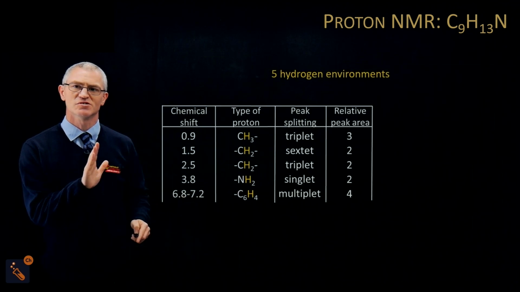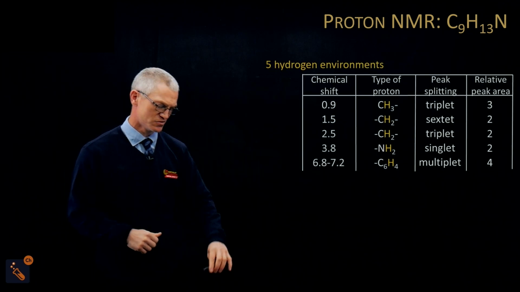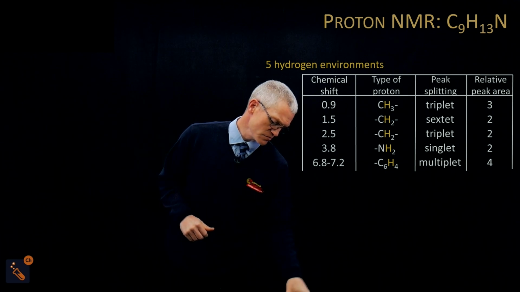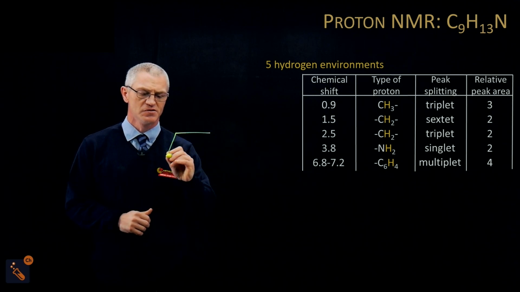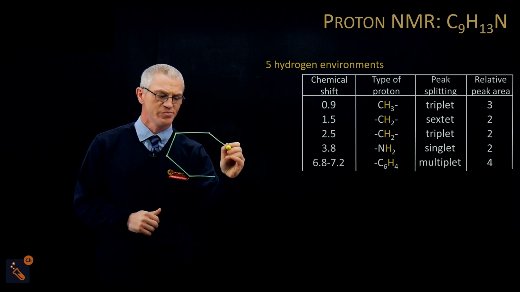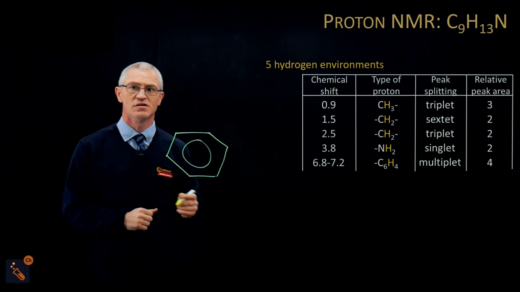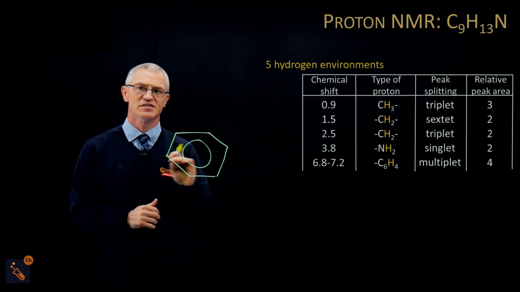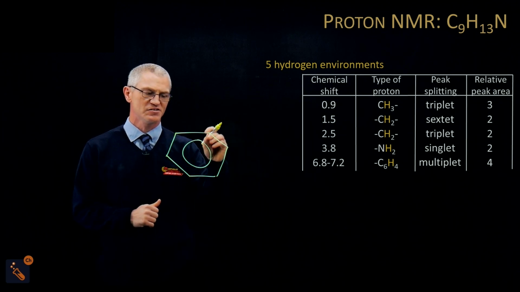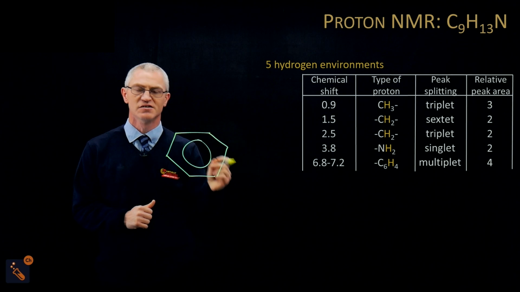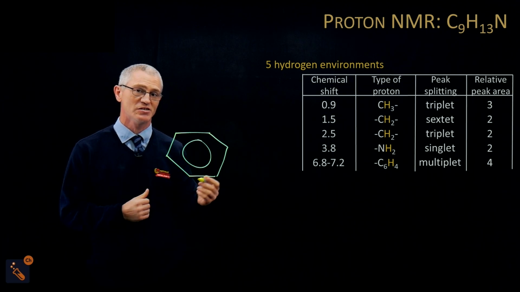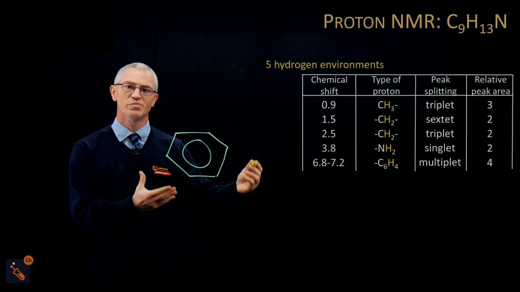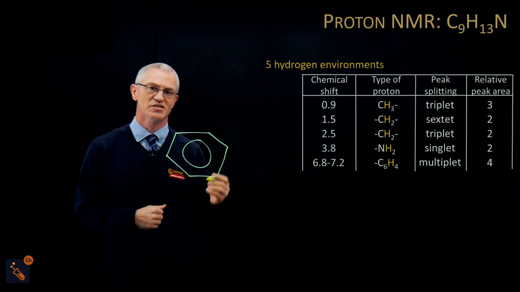So let's put this up to the side and rearrange them. We have a disubstituted benzene, so I'll start with that. Here's your benzene. We know we've got something coming off that end, something coming off that end. It doesn't matter whether you put it here, here, or here, as long as it's disubstituted, because you're not expected to understand the coupling or peak splitting in benzene.